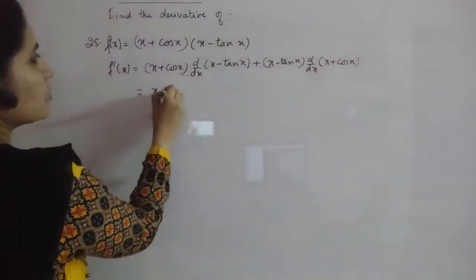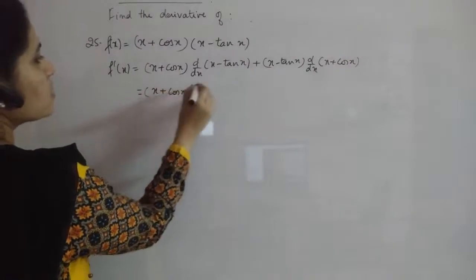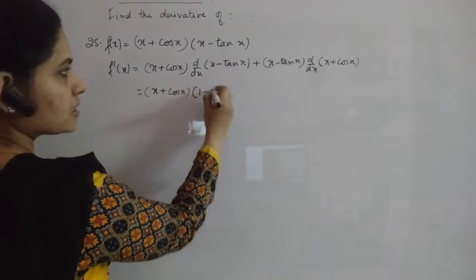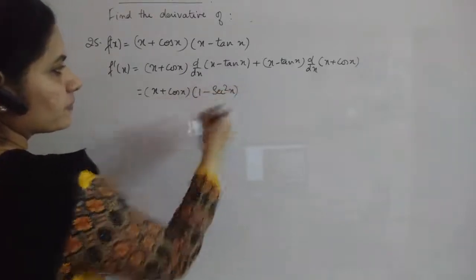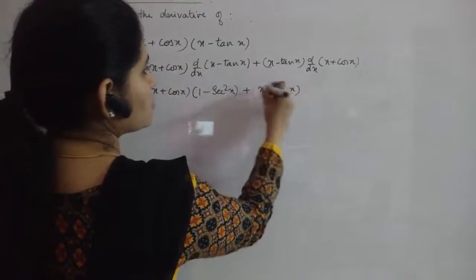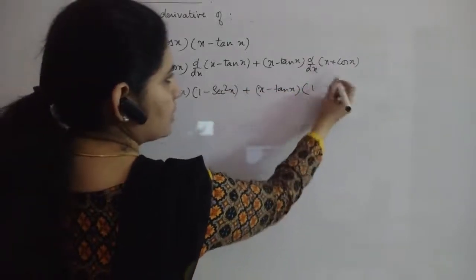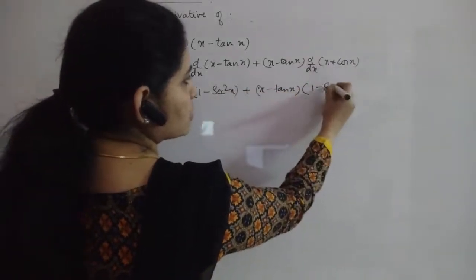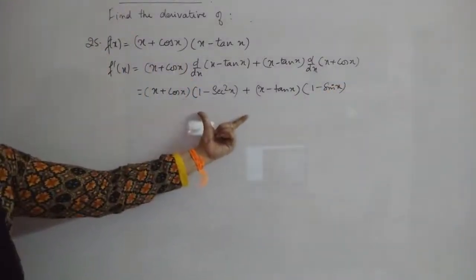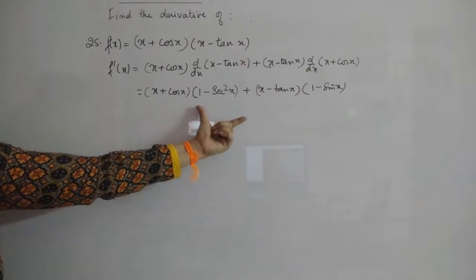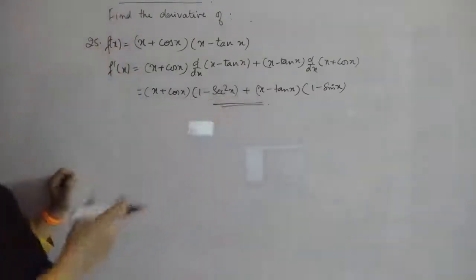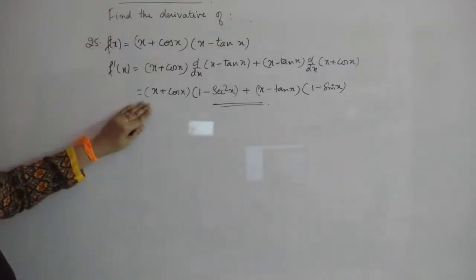This is equal to (x plus cos x) into the derivative of x, which is 1, minus the derivative of tan x, which is sec square x, plus (x minus tan x) into the derivative of x, which is 1, plus the derivative of cos x, which is minus sin x. So it is 1 minus sin x. I am telling you that you can stop here also, you need not expand it further, because the expansion will not give you anything.